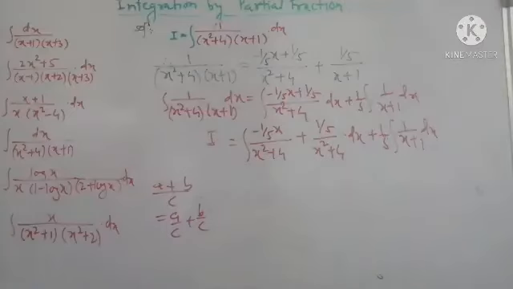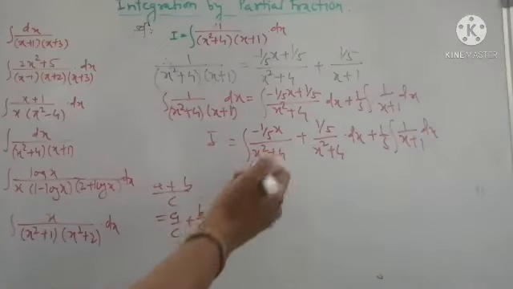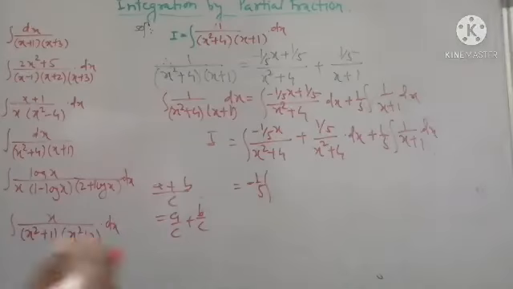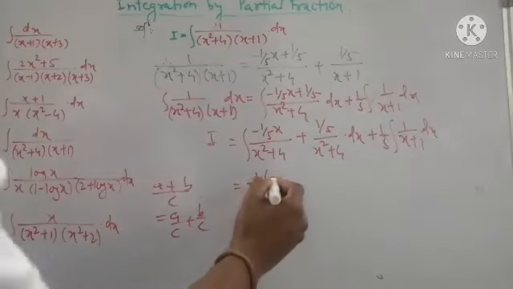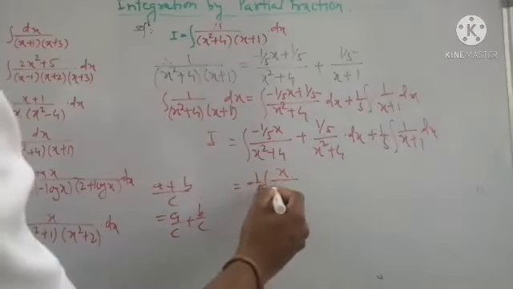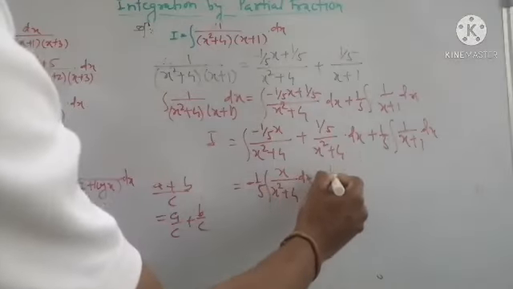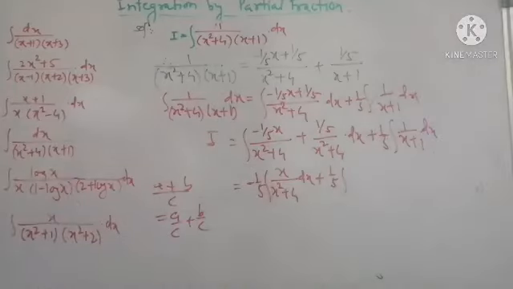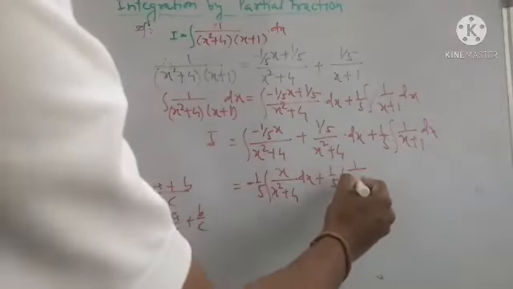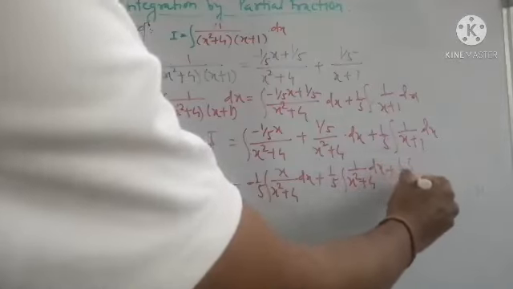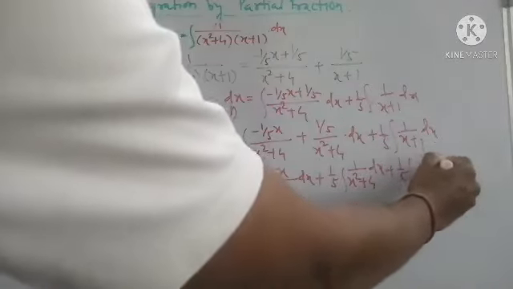Now here there is addition, so by the rule of integration we can take separate integrations. In the first term -1/5 we can take outside the integration as it is a constant multiplied in a product. So in the integration we get only x in the numerator divided by x square plus 4 dx. Now in the second term also 1/5 is a constant which we can take outside the integration, and in the integration we get 1 upon x square plus 4 dx, plus 1/5 integration of 1 upon x plus 1 dx remains as it is.